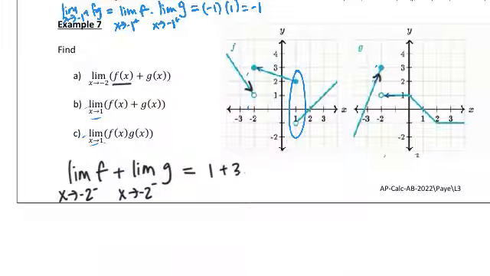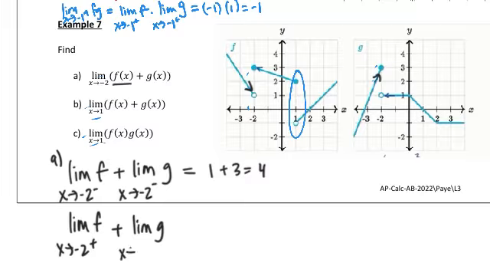So it's 1 plus 3 or 4. This is part A. If I do the right, then I get that f is approaching 3 and g is approaching 1. So I get 4 from both sides. So this overall limit does exist and it's equal to 4.